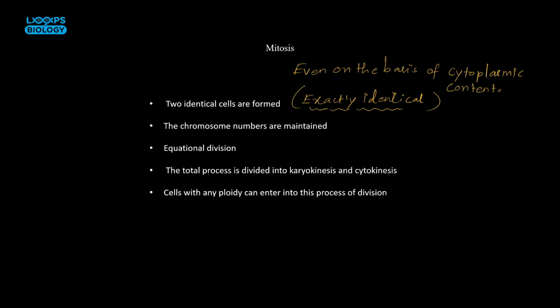Now what does that mean? That the total number of chromosomes present inside parent cells, the same number of chromosomes are present inside the daughter cell itself. So the number of chromosomes are same in parent and daughter cells.